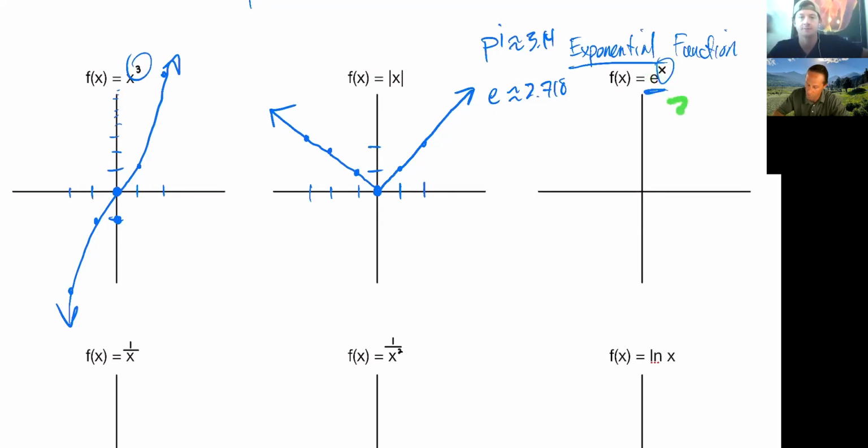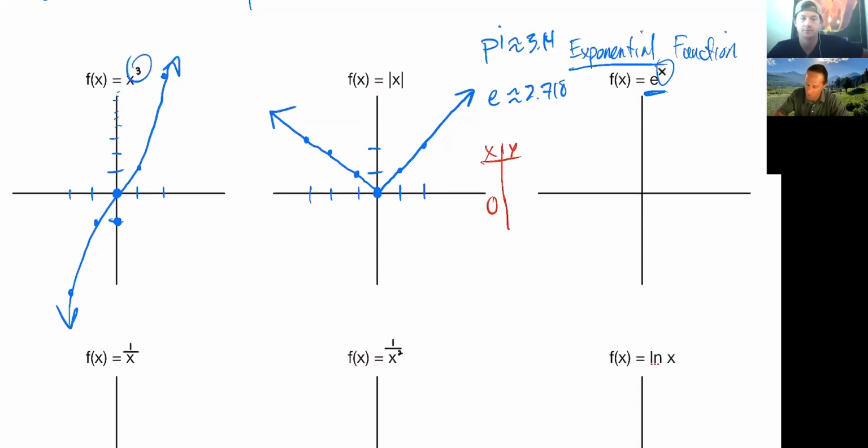So if we had 3 to the x, and I used my t-chart, what's the best thing to plug in up in an exponent? Everybody's favorite. How about 0? Now careful, what is anything to the 0 power? 1.